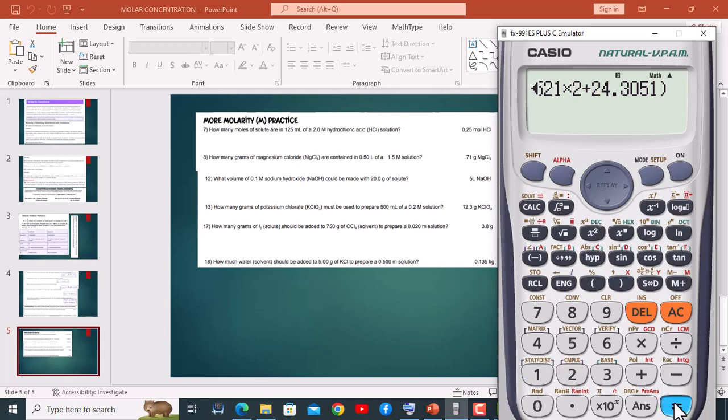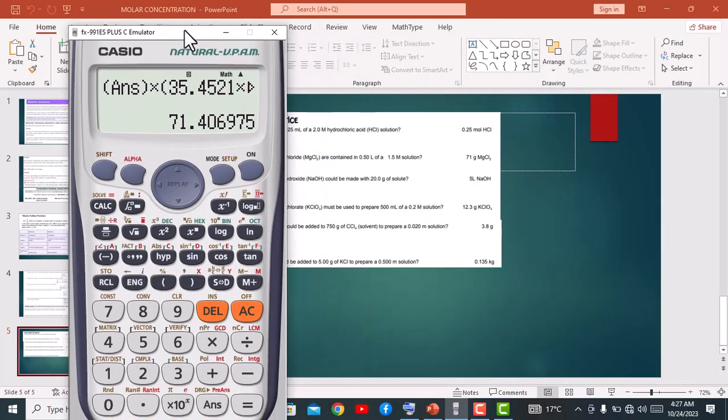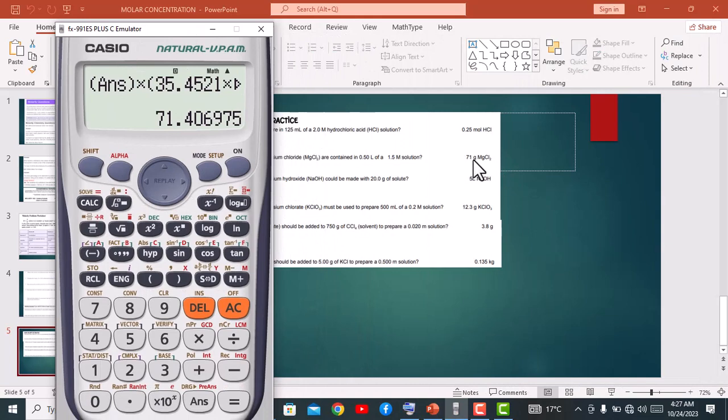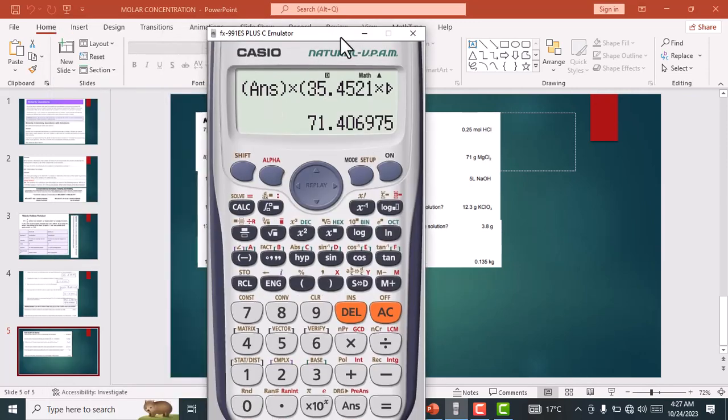Right, and this should give me exactly the answer that is required. So the answer is 71.41 grams of magnesium chloride. So the individual here just decided to get rid of the significant figures. These values are so important in chemistry. So this is the answer that I have.